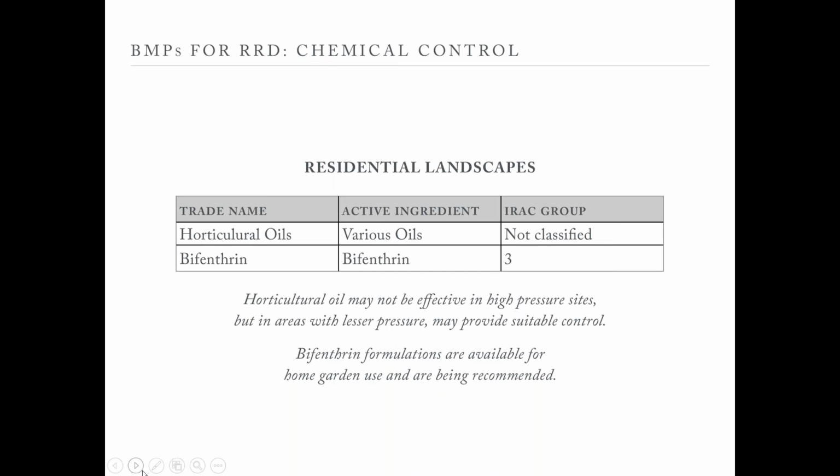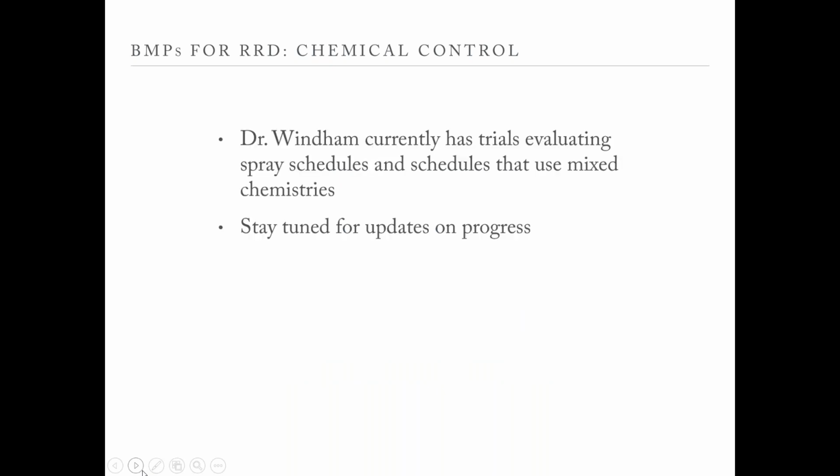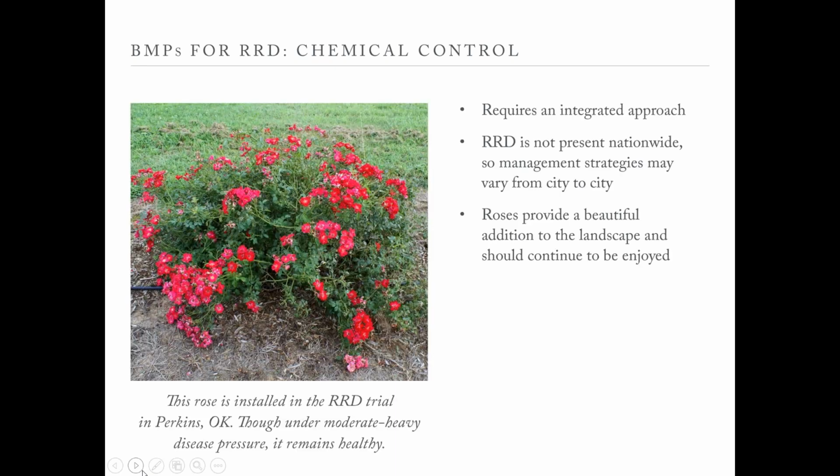There are versions of all of these products that would be acceptable for organic gardening. At this point, Dr. Wyndham currently has trials evaluating different spray schedules and schedules that use different mixed chemistries, something more like we would hope to use in a landscape. Unfortunately, those are in progress and we don't have those results yet, but stay tuned for updates on that.